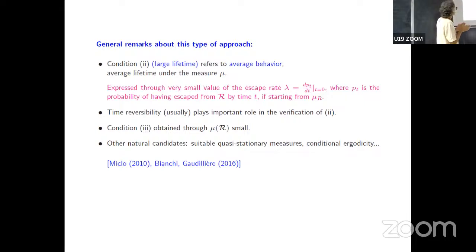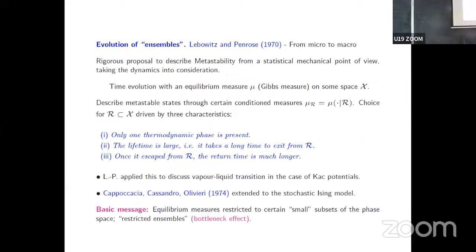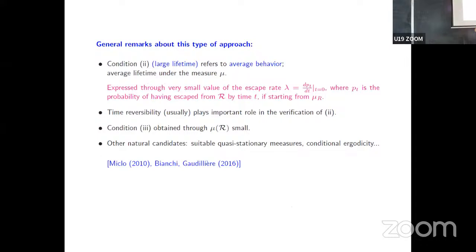That's one possibility. In order to verify that, once it has escaped, the return is longer. It is usually, and as in their case, reversibility that plays an important role.